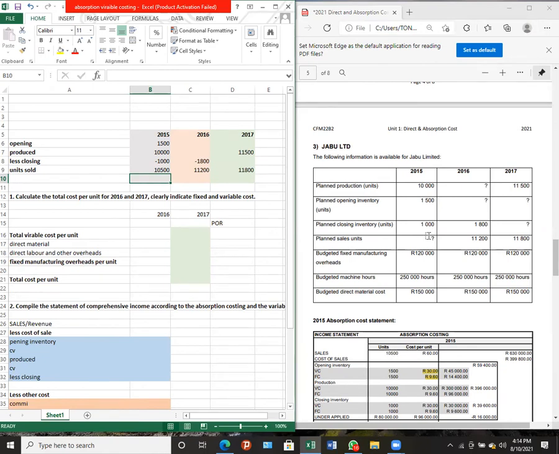Here is the question mark. That is 105 in 2015. Now in 2016, the opening balance is going to be your previous year's closing balance. Are we together?